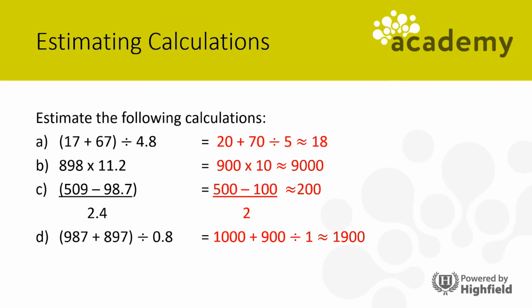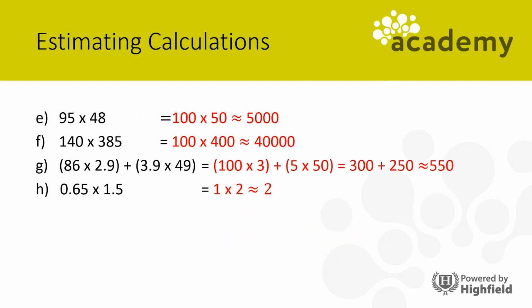C, 509 minus 98.7 divided by 2.4 can be estimated as 500 minus 100 divided by 2, which is approximately equal to 200. And D, 987 plus 897 divided by 0.8 can be approximately rounded to 1000 plus 900 divided by 1, which is approximately equal to 1900.